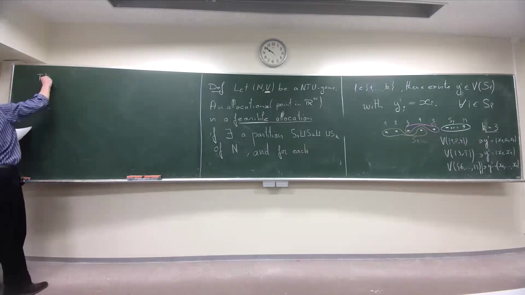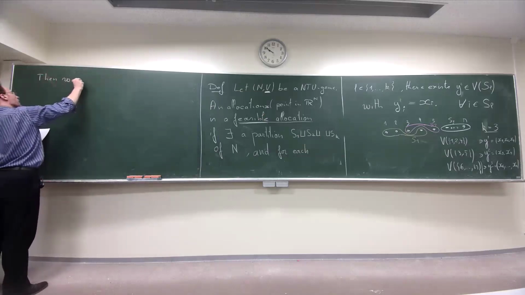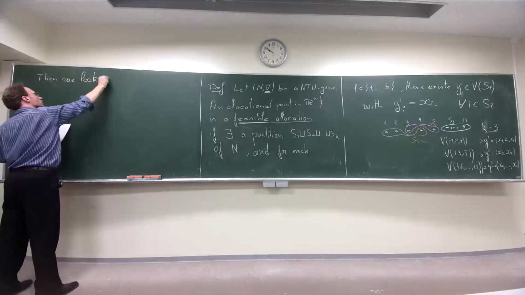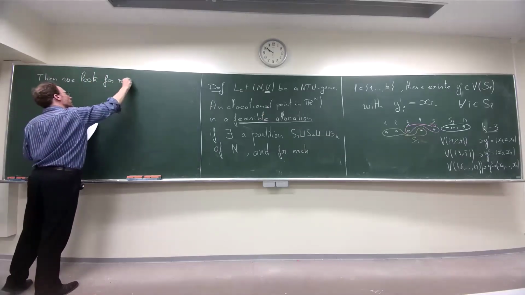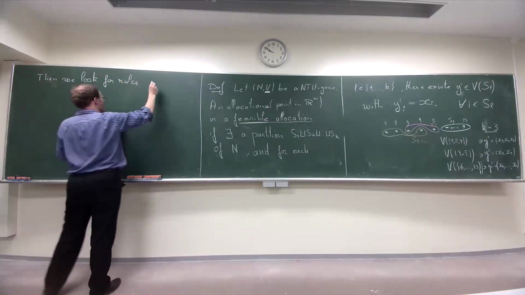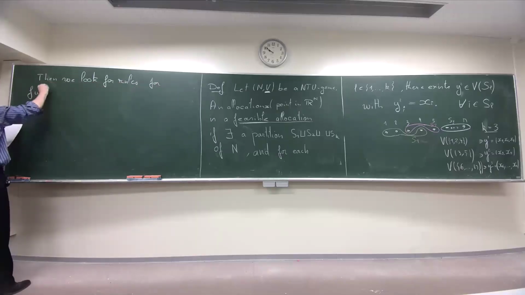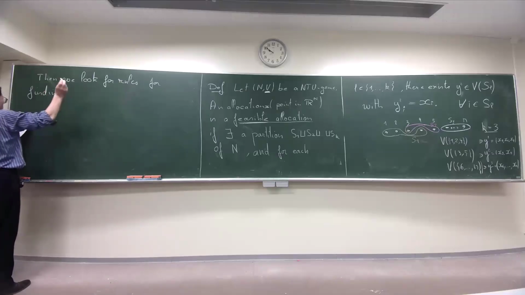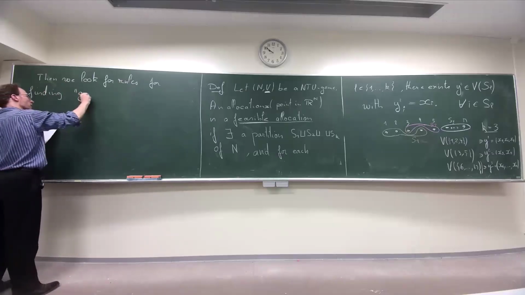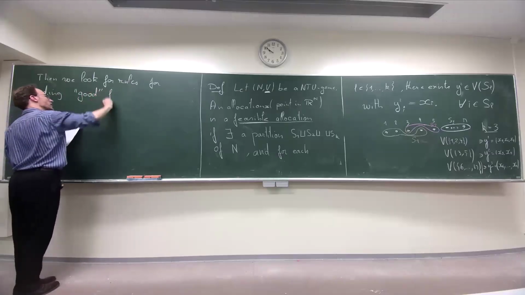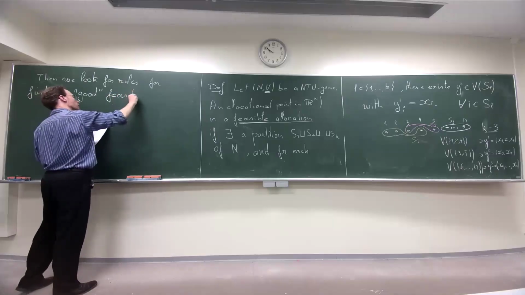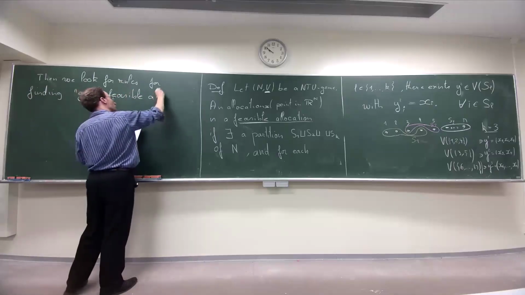Then we look for rules for finding good, whatever it means, good feasible allocations.